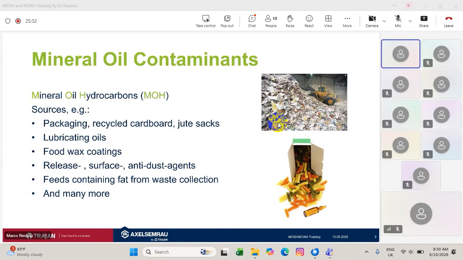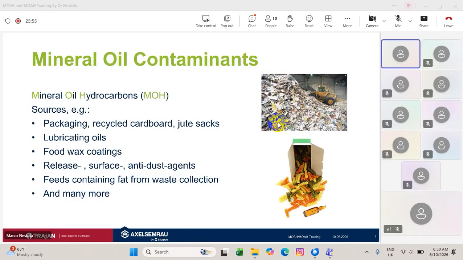Of course, also jute sacks for transport of cocoa is a very big topic, was a very big topic, will be a very big topic in the next 100 years, I think, because when you are spinning the material, you need to use oil to have the material spinnable. And for that, typically mineral oil was used.